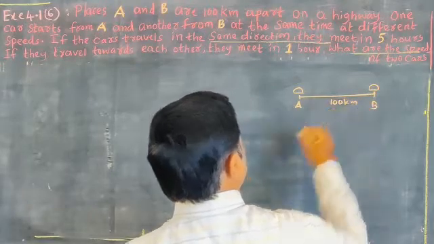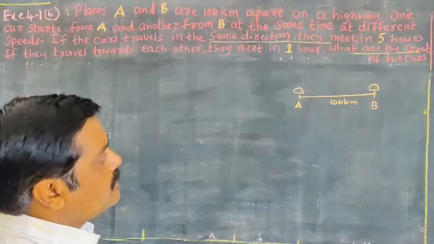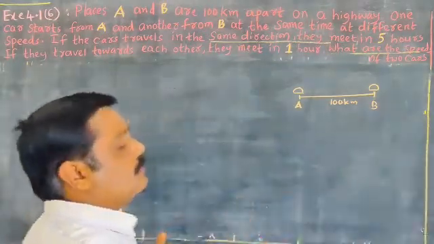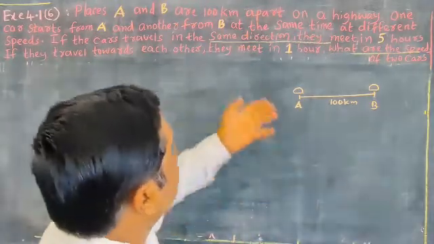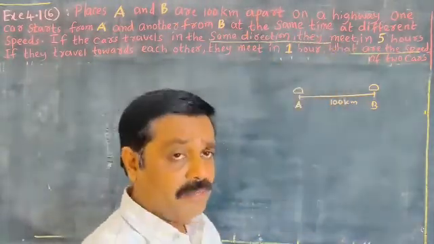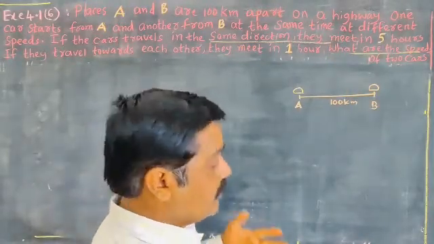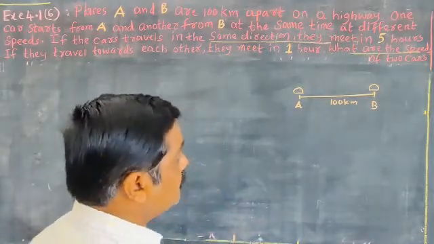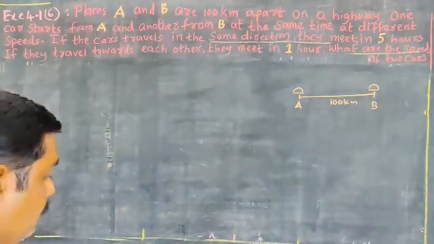These two cars have different speeds, and they are moving in the same direction and in the opposite direction, as given. In the same direction, after 5 hours they will meet. In the opposite direction, after 1 hour they will meet. But he is asking us to find the speeds of the two cars. Okay, now how to do?